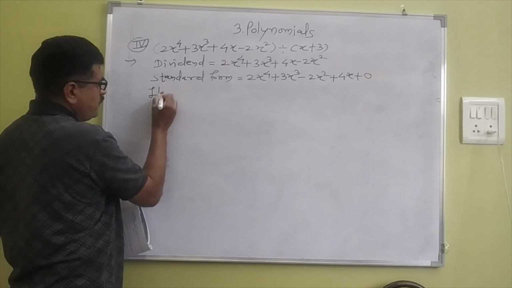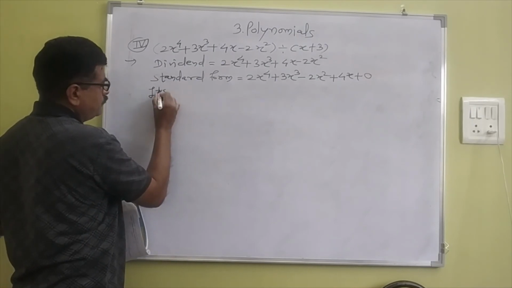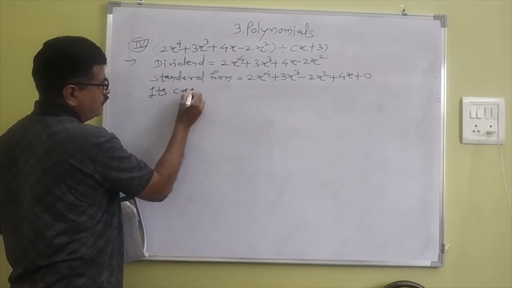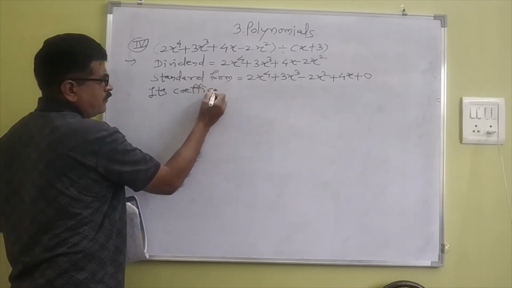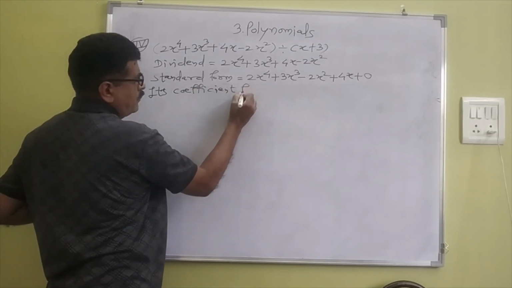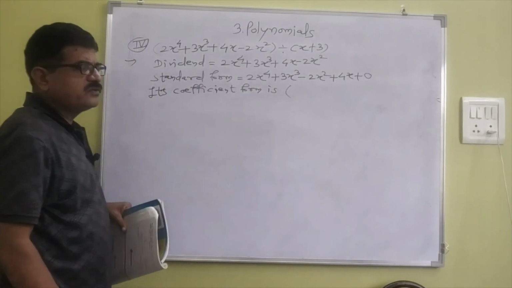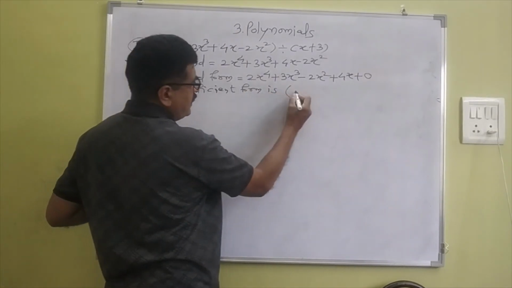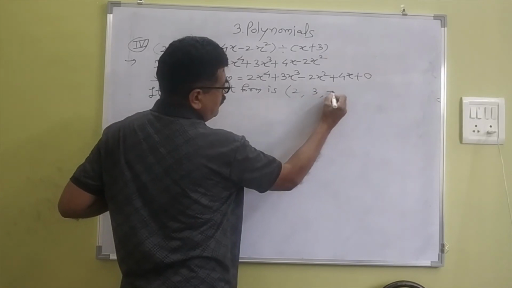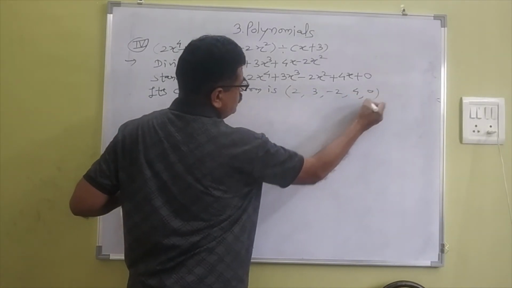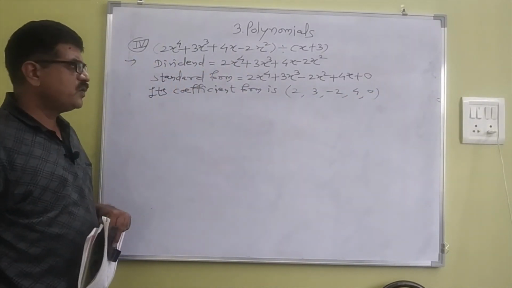Therefore its coefficient form is, write down in coefficient form, that is 2, 3, minus 2, 4, 0. This is in coefficient form.